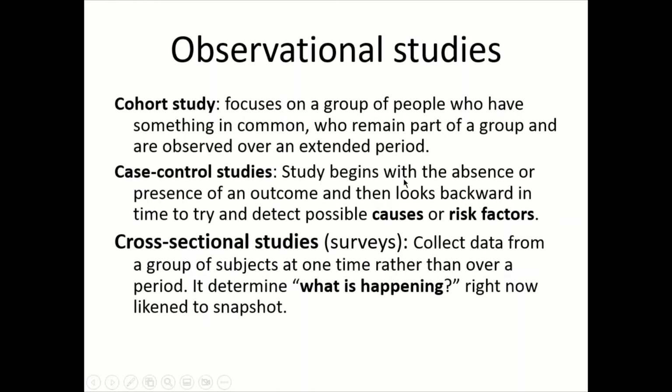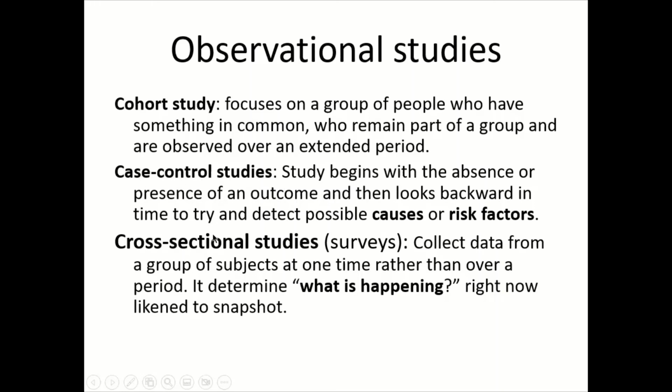Now, this study begins with the absence or even the presence of an outcome and then looks backward or forward in time. So sometimes you say retrospective case control, or we have prospective case control. That means one group is the cases and the other group is the control. So we want to detect possible causes or risk factors involved in the problem phenomena.